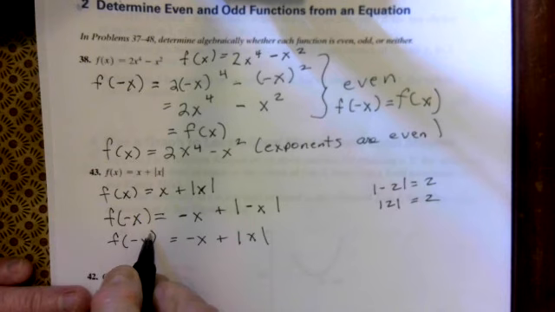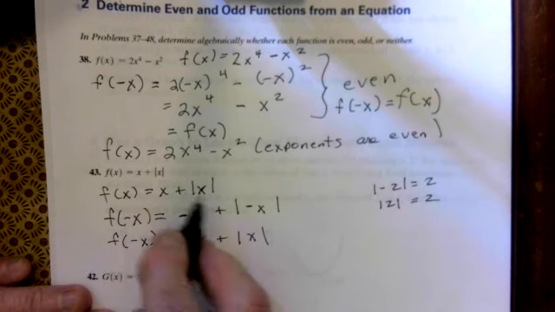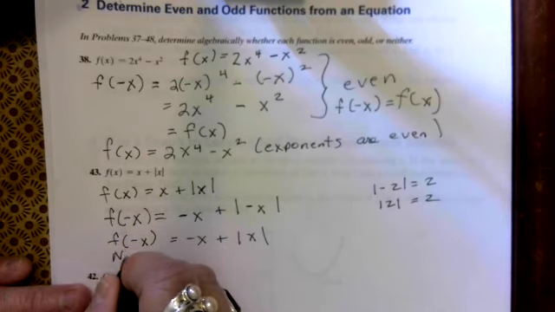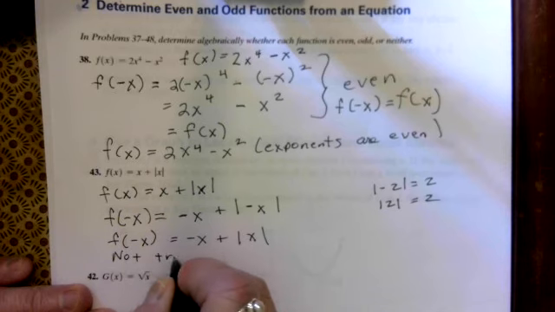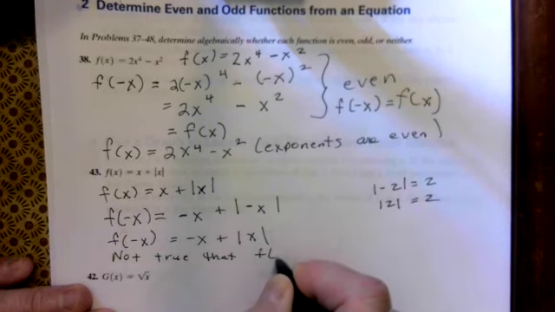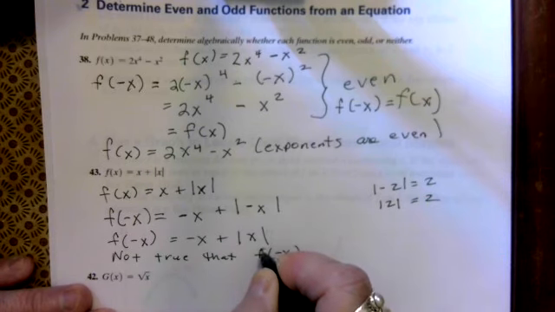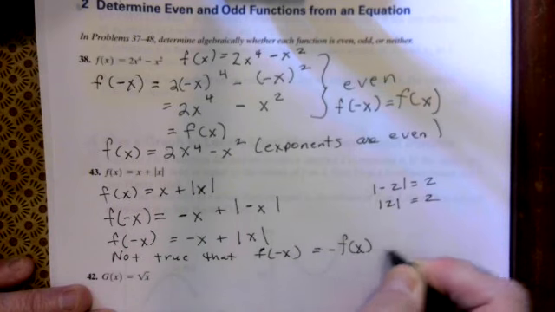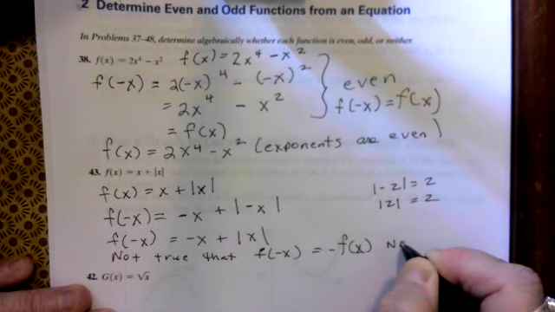So if you look at this, it's not the opposite of what we had, because every term would have had to change signs. So it's not true that f of negative x equals the opposite of f of x. So it's not odd.